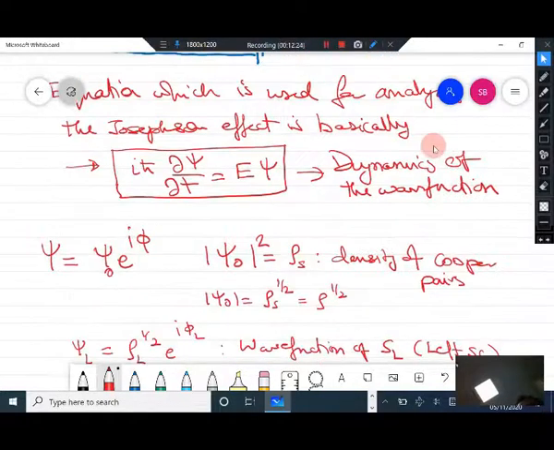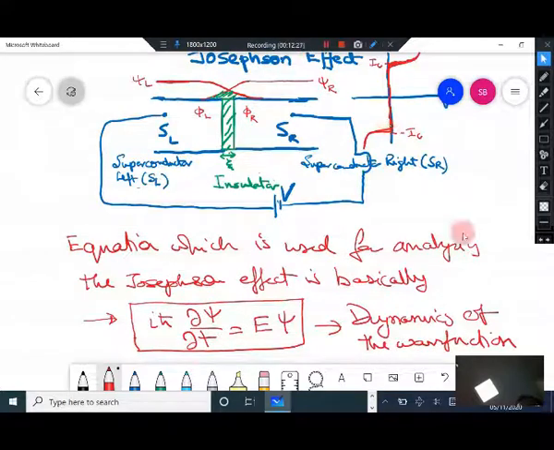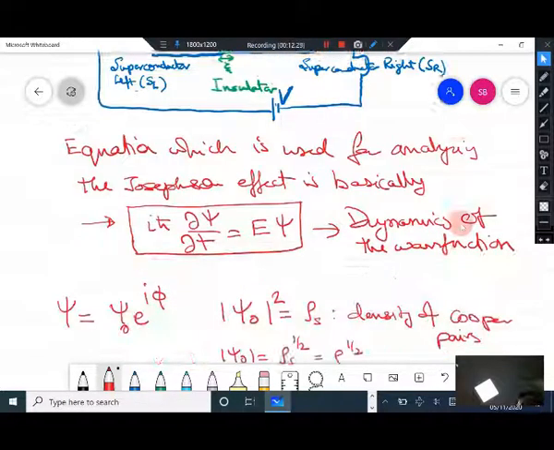The way to describe this is the way Feynman described it.